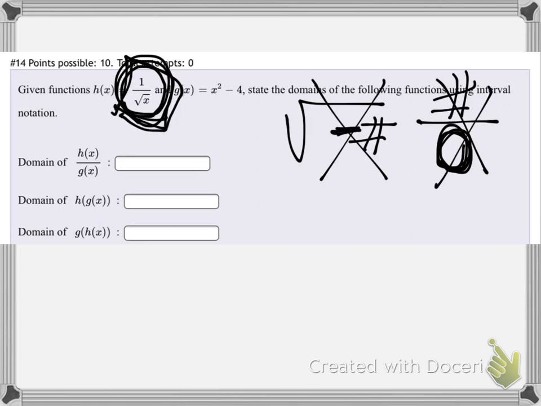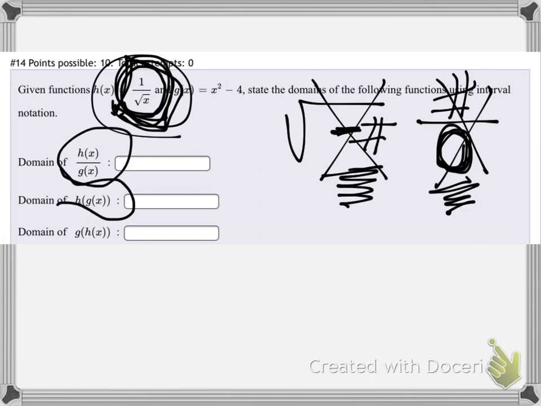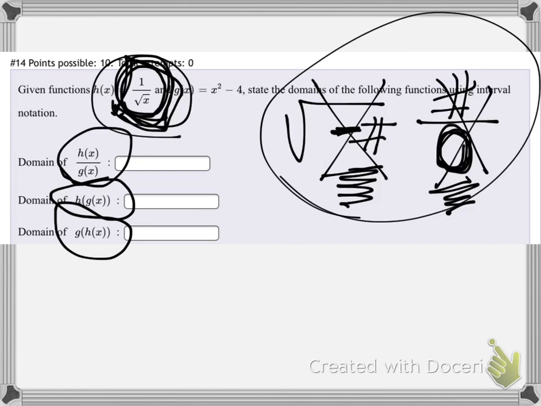So for that reason, h all by itself, even without putting g into it, we would say the domain is a little bit restricted here, because I can't have it be 0 on the bottom, and I cannot have the square root part be a negative. And so that already filters a lot of stuff out. And then as we play around with these g's and h's together, we'll see how these issues start rearing their heads more and more. So let's look at that real quick.